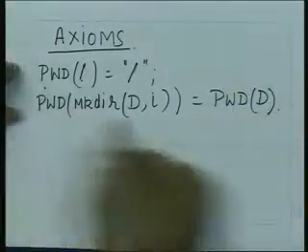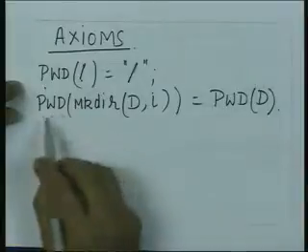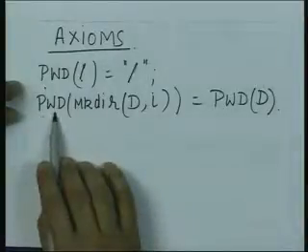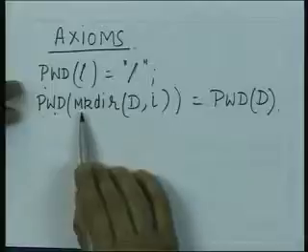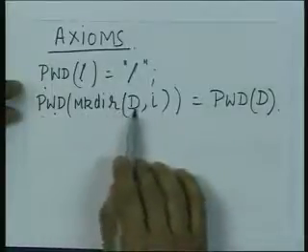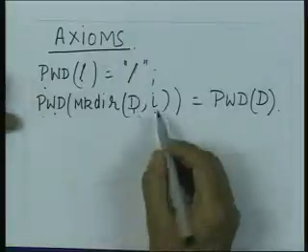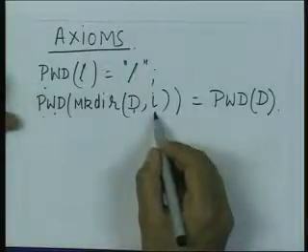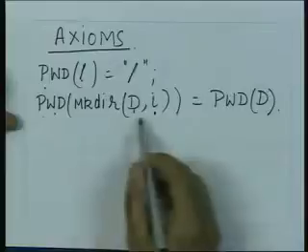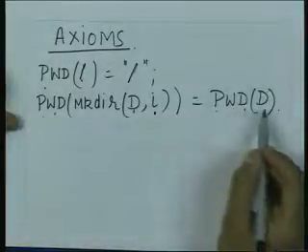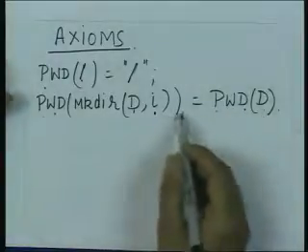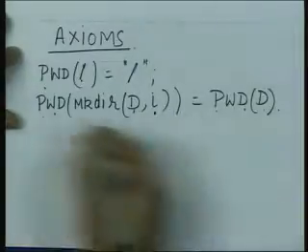Why? What is this axiom trying to say? This axiom is trying to point out that the present working directory operation that is applied to a make directory operation of d and I, right. That means you are in d and you are making a new directory whose ID is I, then it is the same as applying the pwd operation to d, because you are not going to end up changing the directory in that particular instance, right. So that is nothing but d.